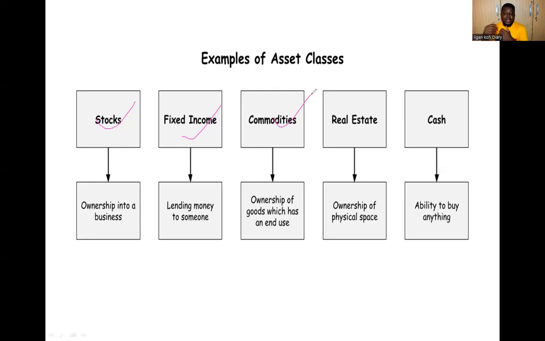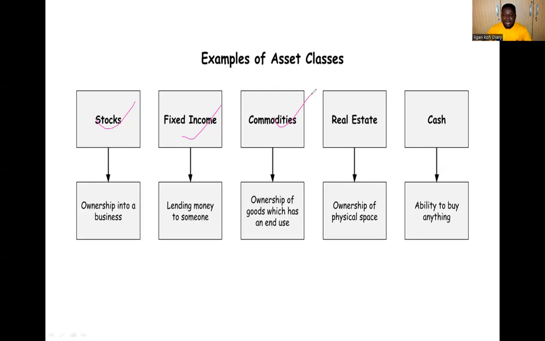And then we have the real estate class. The real estate class is also ownership of a physical space. So people have lands, people have buildings, people have a lot of properties, houses, mansions that they own, and they use it for profit. They give it out to people to rent, or they sell it to people.